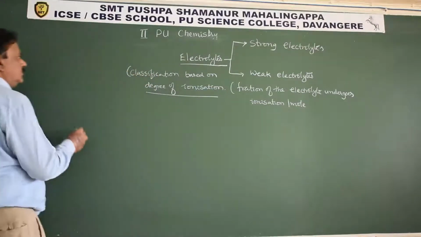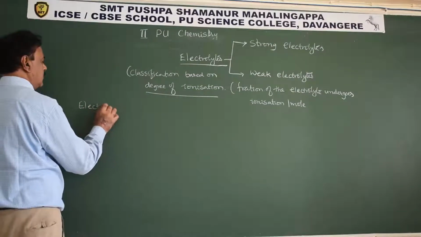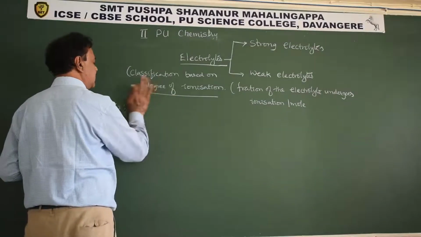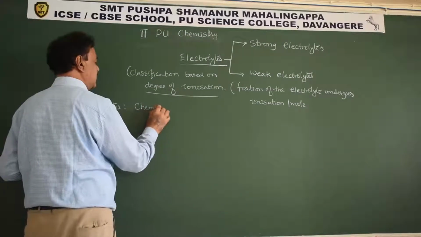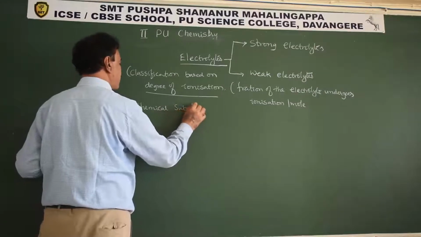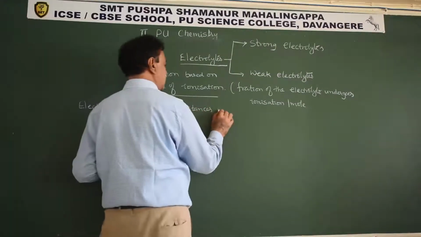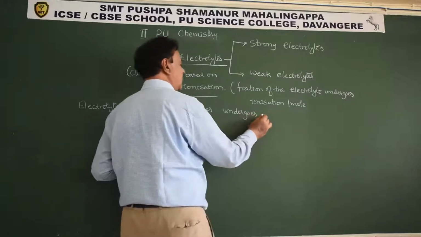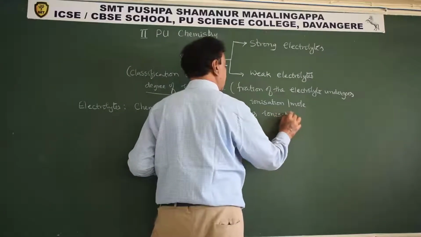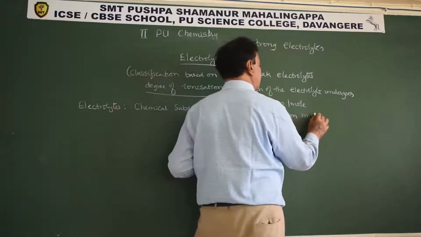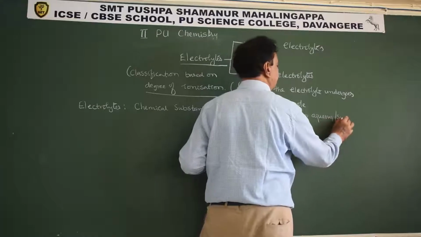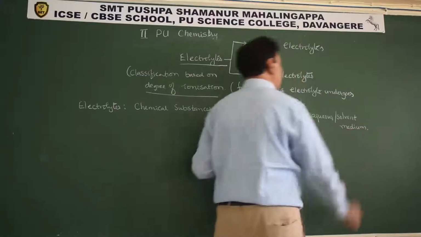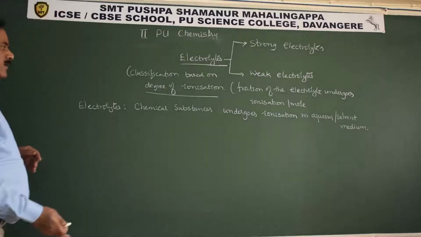Electrolytes are chemical substances which undergo ionization in aqueous or solvent medium.